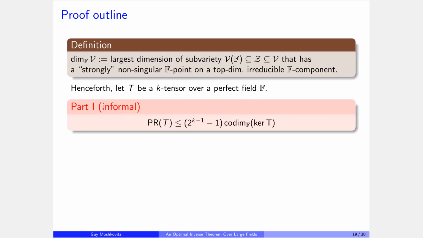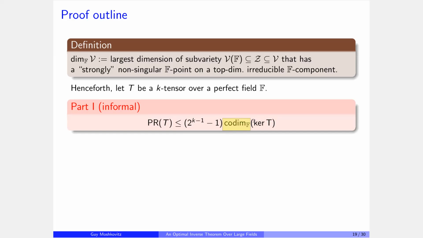So I mentioned that the proof has two parts. You can summarize each part with an inequality. The first part is the bound on the partition rank. It's an upper bound on the partition rank. It's bounded by a constant times this notion that we defined, the codimension sub F, so n minus the dimension sub F, of the kernel variety.